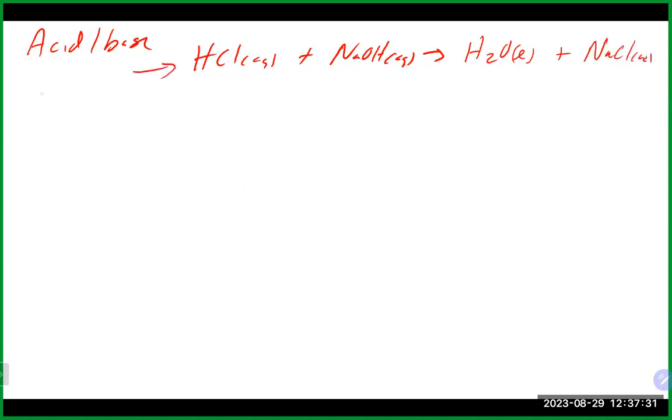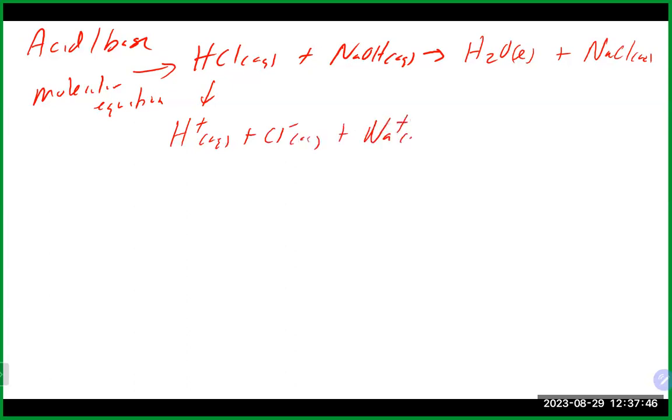This is what is known as the molecular equation, right? You could also write this thing of what is happening in solution. That is a strong electrolyte, which means it'll break apart into H plus and Cl minus. That is a strong electrolyte, which means it also 100% breaks apart. Water, which is a liquid, will stay together.